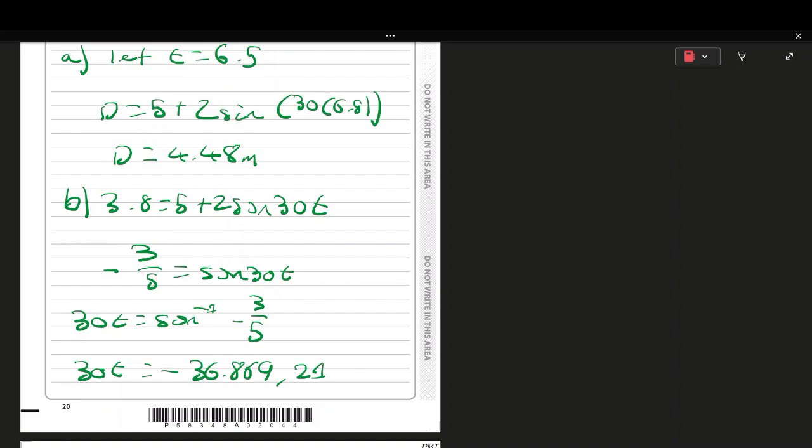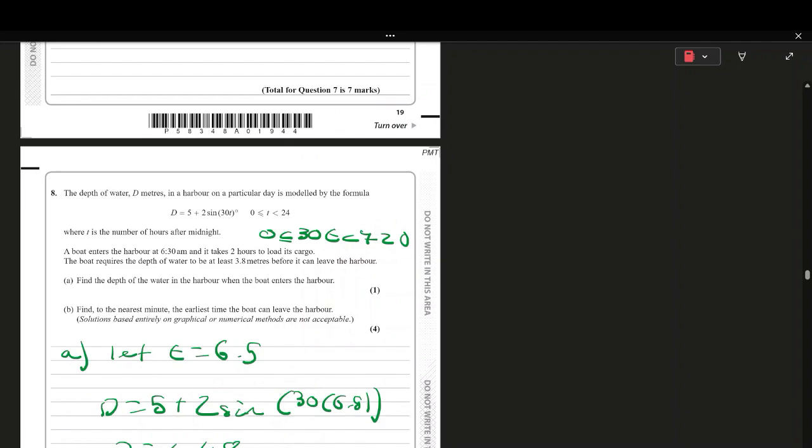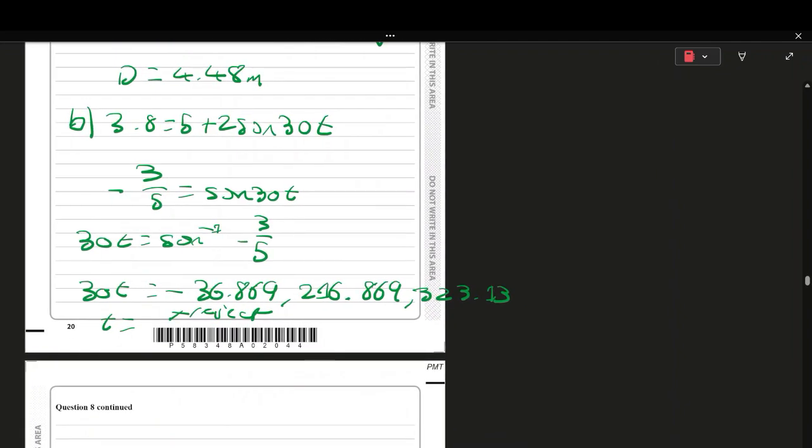Then 180 minus that answer, 216.869. And then 323.13. So if we divide by 30, this one will not fit into the time since it will be negative.